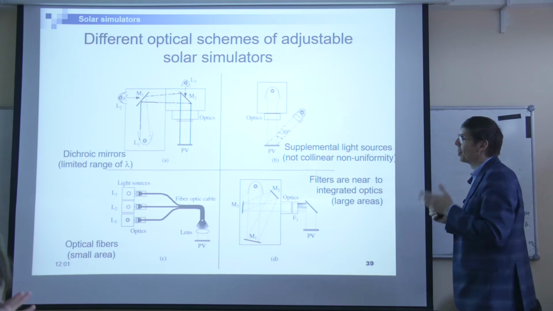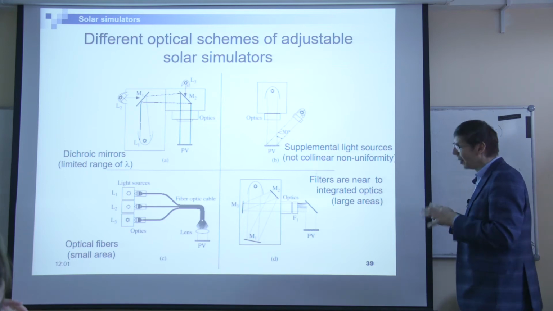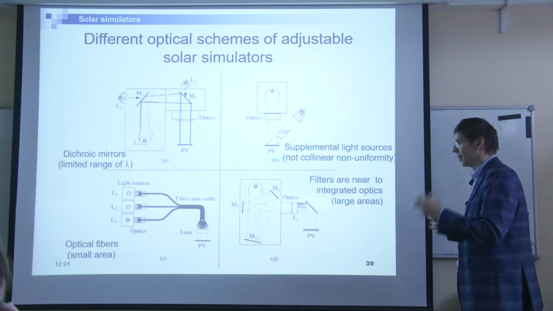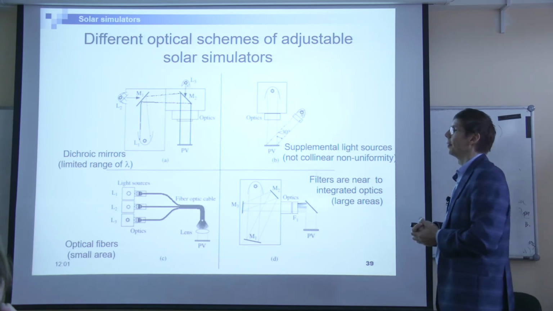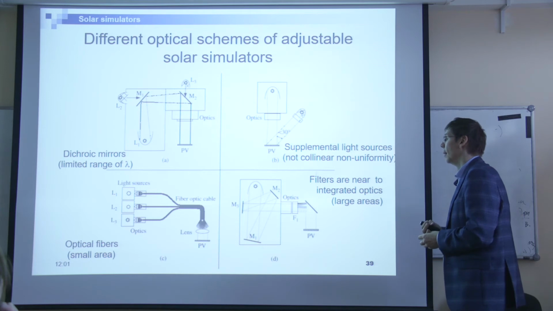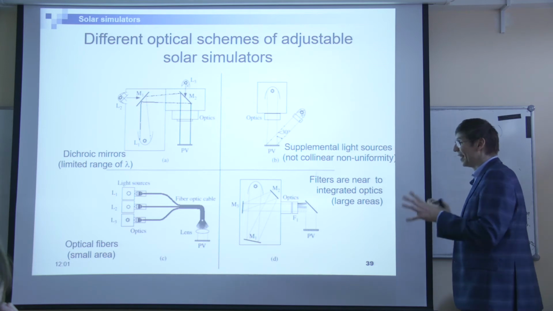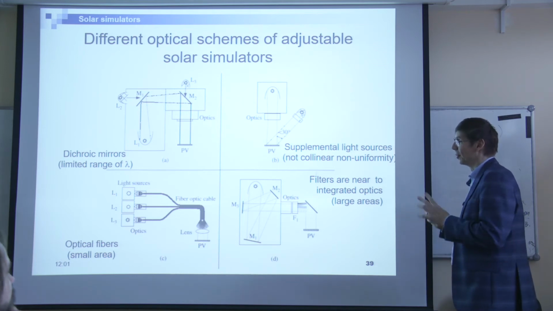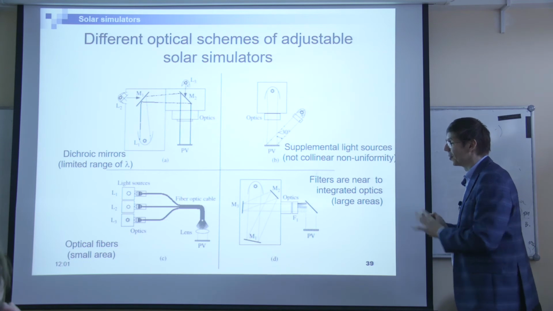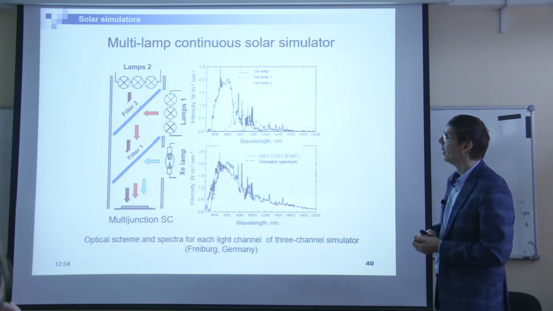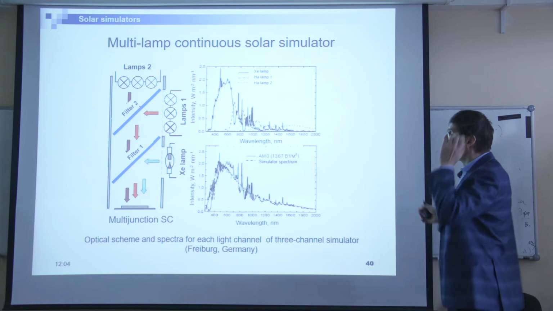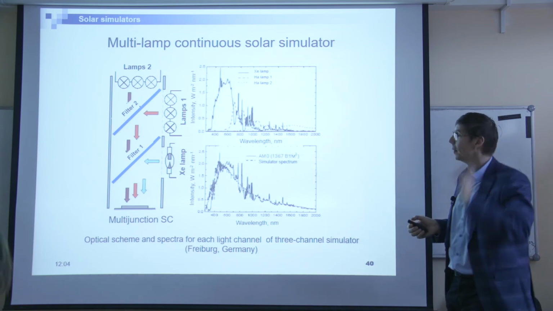But I would say normally there are different solutions for multi-lamp solar simulators, but normally they are limited in area, so you should realize that normally it's some specific thing. Here are some results, some examples.